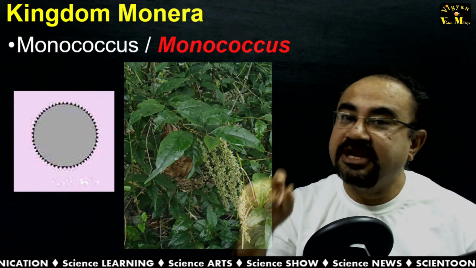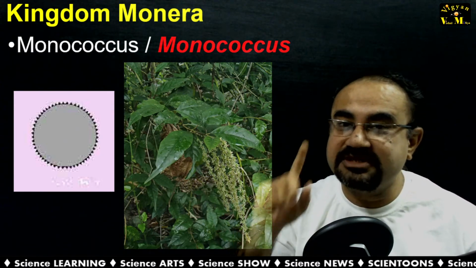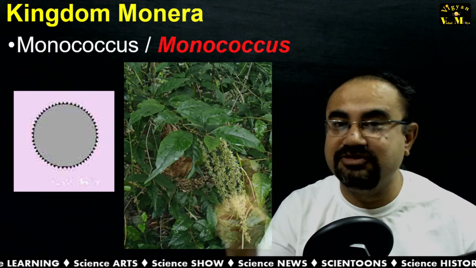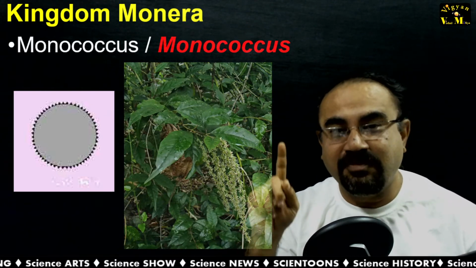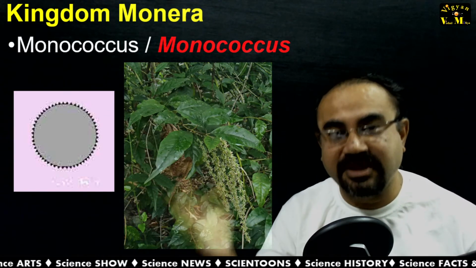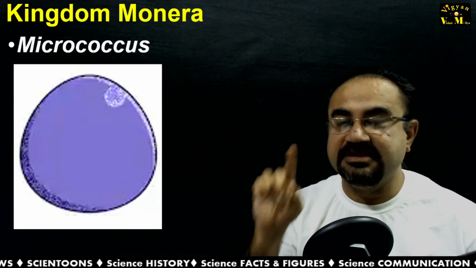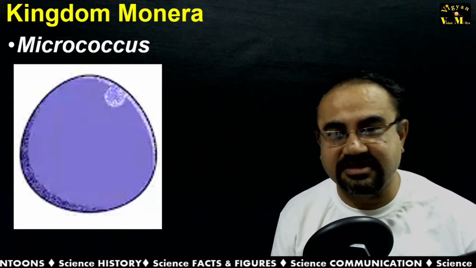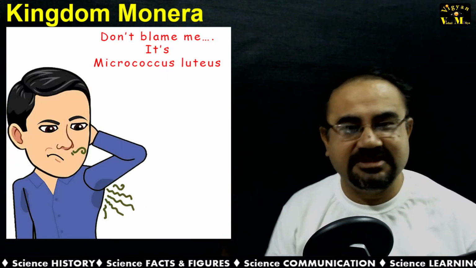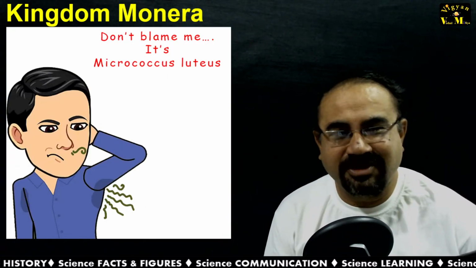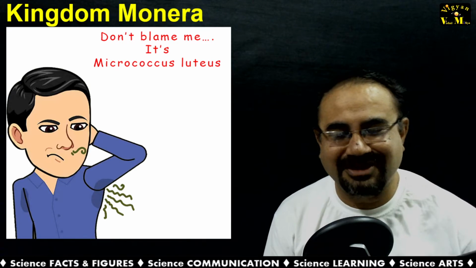Monococcus is not a bacterium belonging to Monera. The single coccus is micrococcus. And when a person has bad body odor, that is because of Micrococcus luteum.